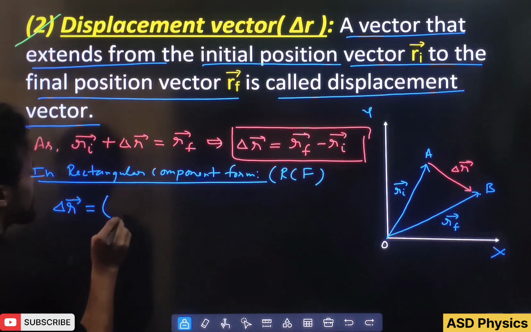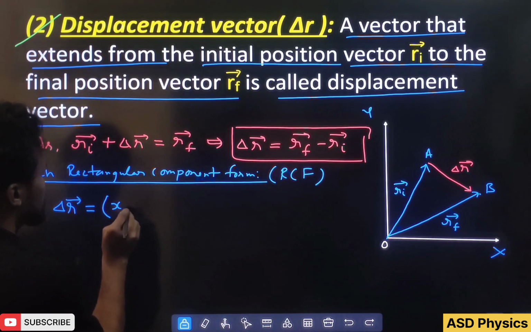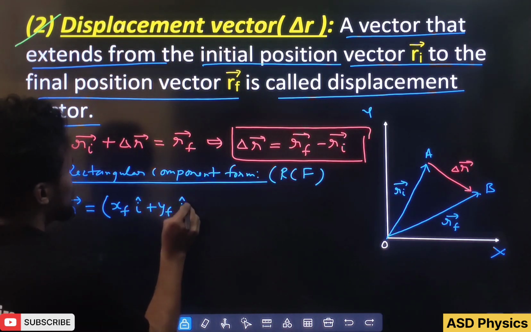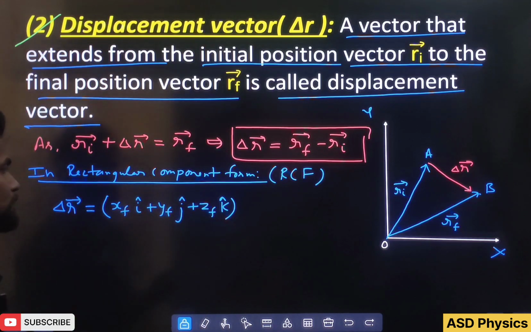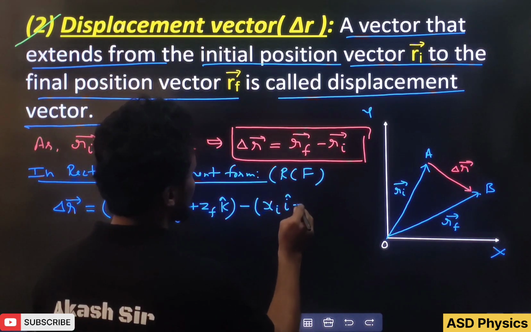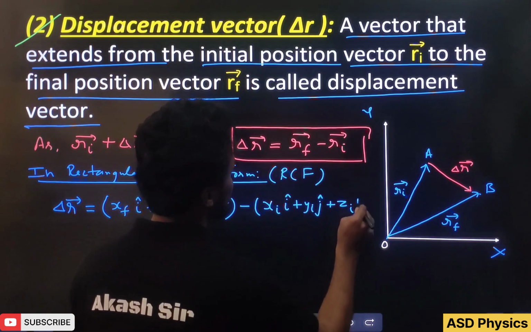What is Rf? That means final position. So we can write here, students, xf i cap plus yf j cap, and directly I am writing in 3D, zf k cap. Minus Ri, we can write xi i cap plus yi j cap plus zi k cap.